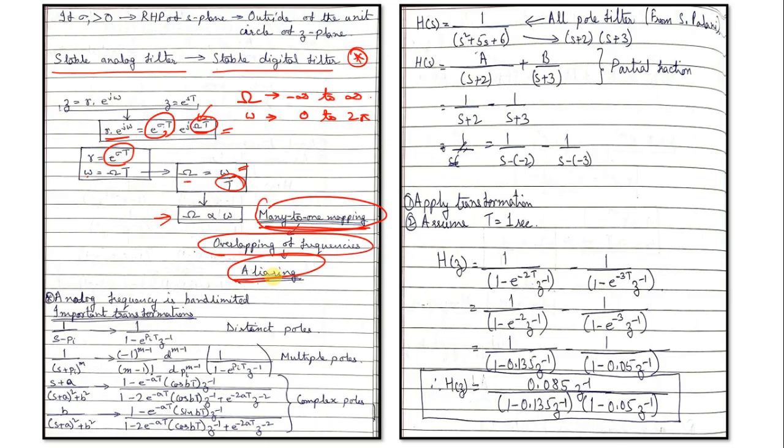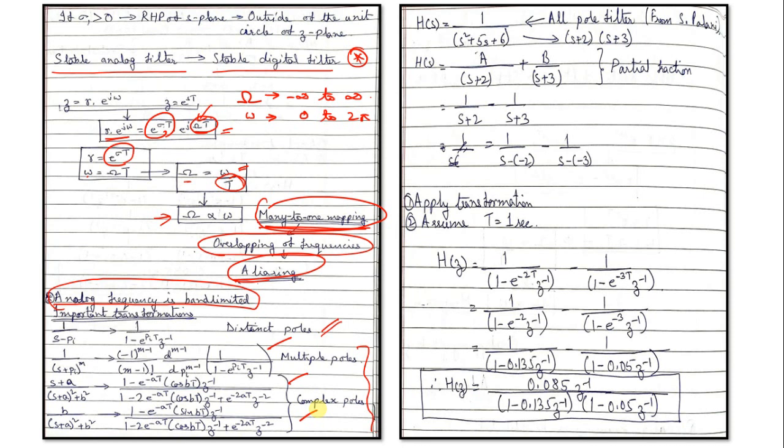Because of this reason, when we are trying to develop any filter by this method, the analog frequency has to be properly band limited. So we have to limit the frequency components within the signal. The first one we discussed is for the distinct poles. Then there are other cases where there are multiple poles or complex poles, and in those cases these other three equations come into play.